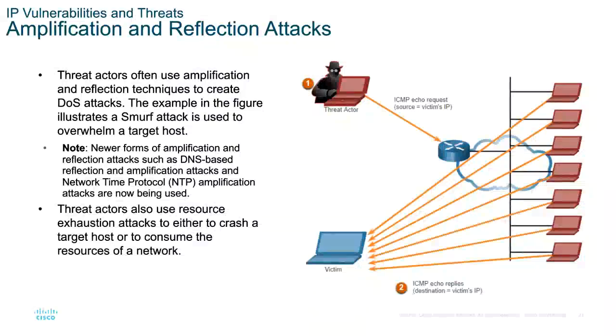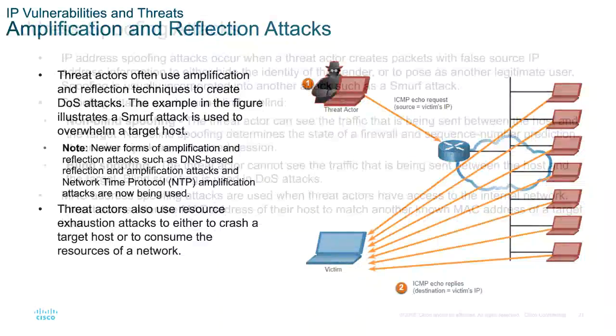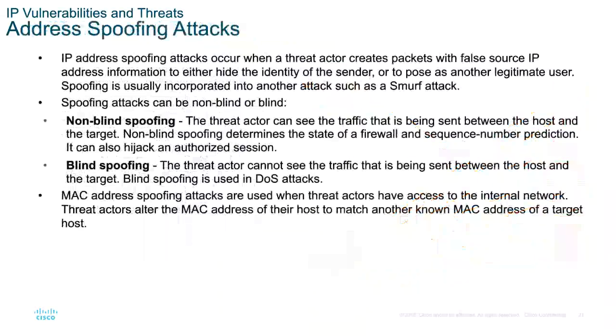By making use of these vulnerabilities within the protocols, these protocols are built into IP. They're always there. So knowing how our protocols work and what they can do will help you protect your network from these vulnerabilities.